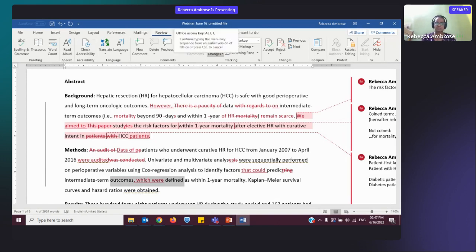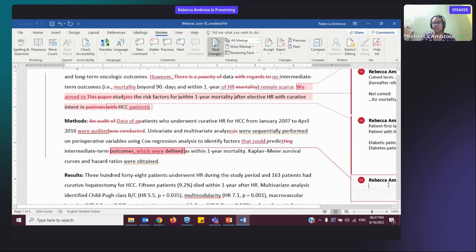So I'm just marking this for something that I would have checked if I had to edit the entire text. I'm marking this because they've said outcomes, but they've only reported on one particular aspect. So later in the text, once I have more context from the method section, we would have to come back to this to query the author for more clarity, or to make any revisions based on the context we've gotten from the rest of the text.